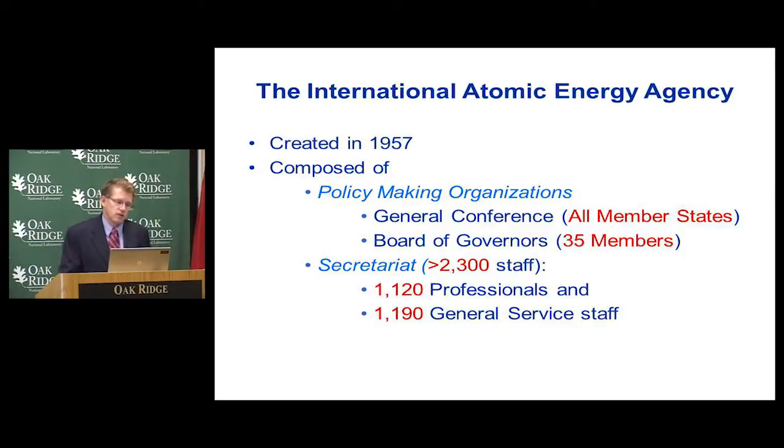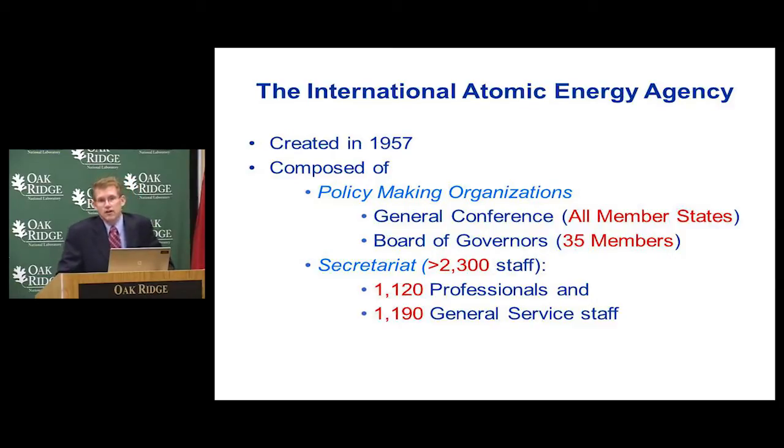And it is composed of some policy-making organizations and a secretariat. The policy-making organizations, and I'll give a little more detail on each of these, are the General Conference, which are all the member states of the IAEA, which is now above 150 countries, and then a subset, which is a Board of Governors, which consists of 35 members.